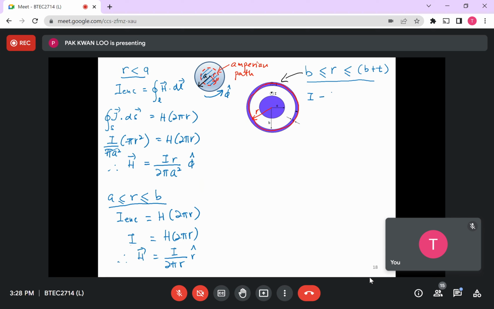Minus the current density J ds. So what will be the thickness now? Let's see. I will copy this diagram again so that you can have a visualization.